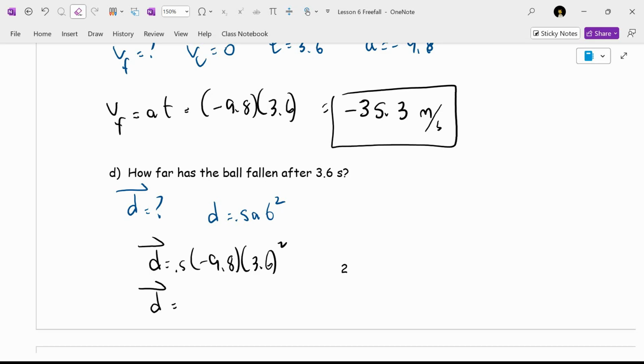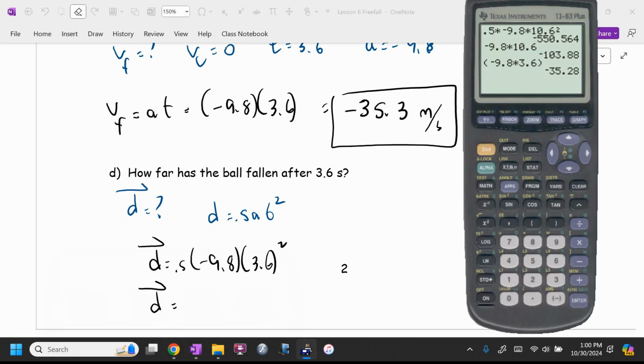And then don't turn the page yet. Let me show you another handy trick. Tell me what you get, Gila. 0.5 times negative 9.8 times 3.6, don't forget the squared. Did you say negative 63.5?